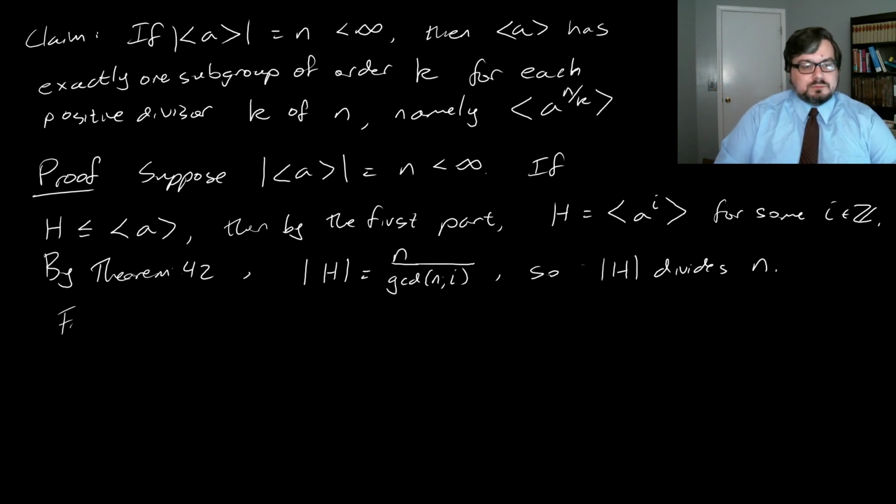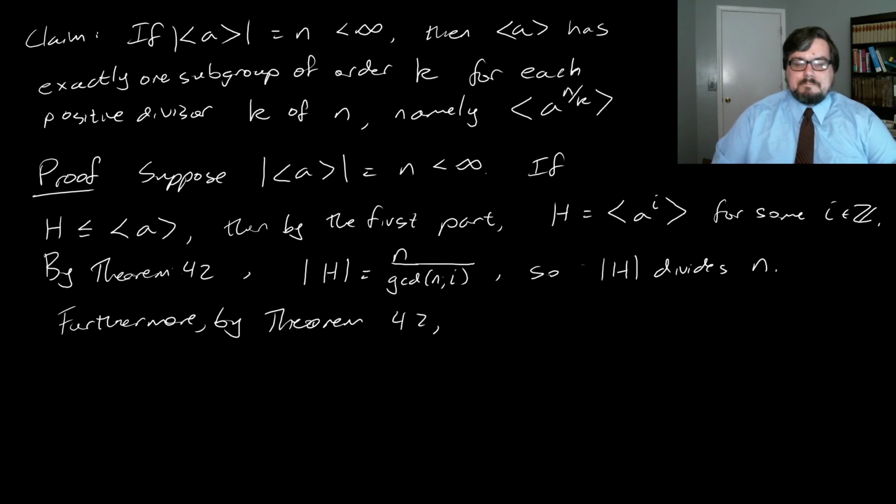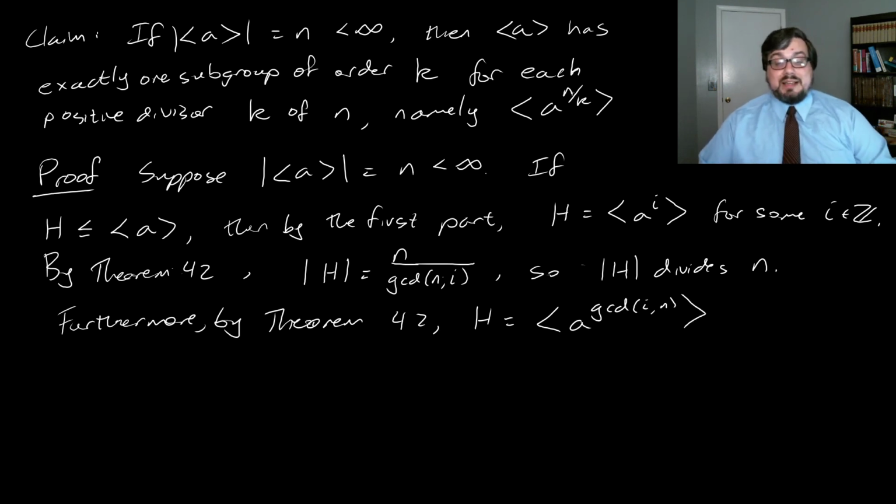Furthermore, by Theorem 42, H is equal to the cyclic subgroup generated by A to the greatest common divisor of I and n.